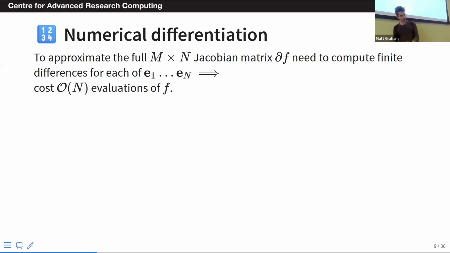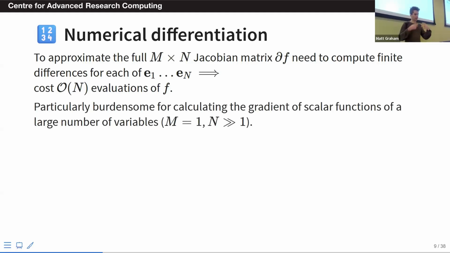But in contrast, when we're using numerical differentiation finite difference approaches to evaluate the full Jacobian matrix of a function with multiple inputs and outputs, we actually have to do a number of evaluations of the function scaling with the number of inputs to get the full Jacobian. So we can compute this Jacobian matrix row by row or column by column. Can't quite work out in my head which way around this should be. But we do have to do at least n evaluations of f to get that full Jacobian matrix.